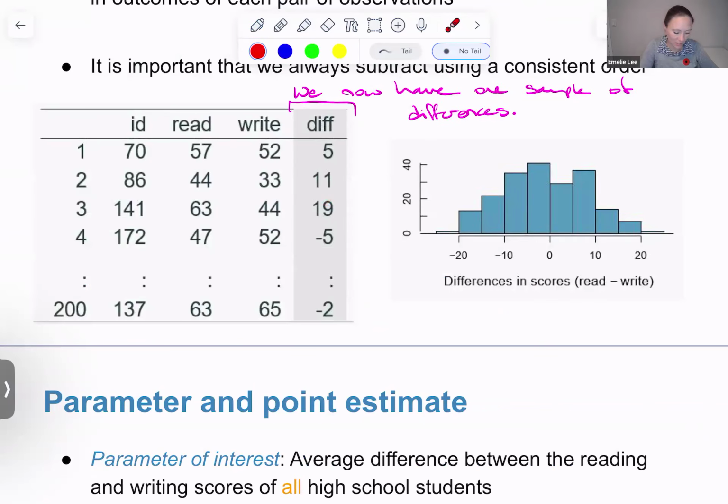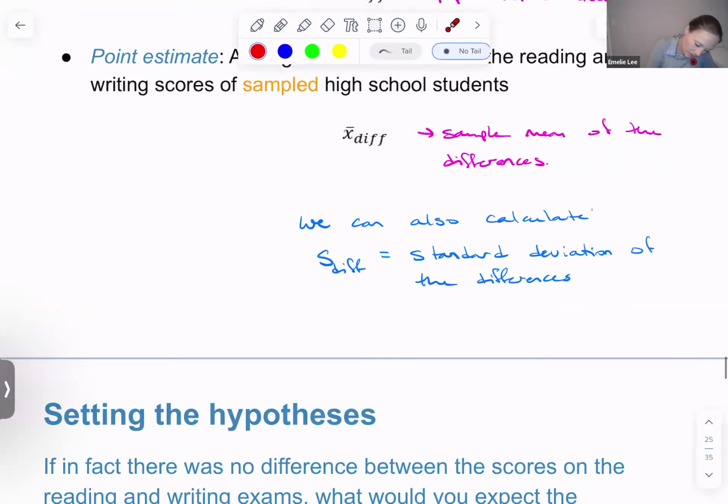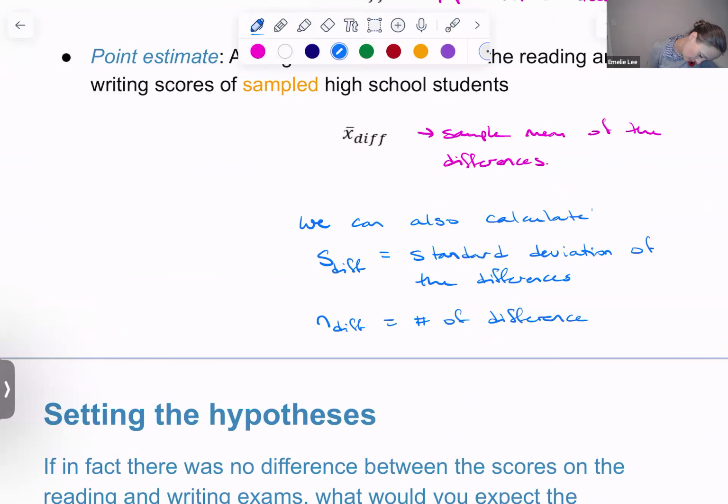N diff has to be the same as the number of observations, or the number of rows, that I have. So even though technically we have 2 samples and I have 200 in each sample, you want to focus on the fact that we've just summarized it as the differences. And n diff is the number of differences.